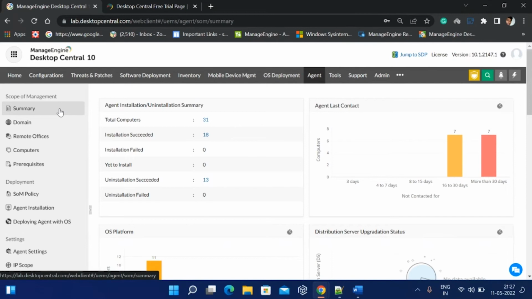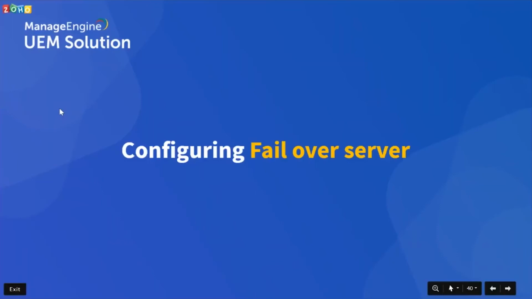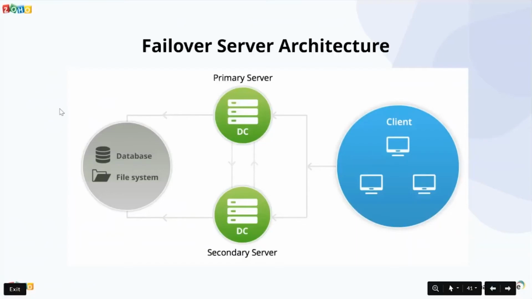So we have discussed the product installation, secure gateway configuration, and the types in which we can install the agent. Let us say in case you want to have a failover. We do have a failover option here.